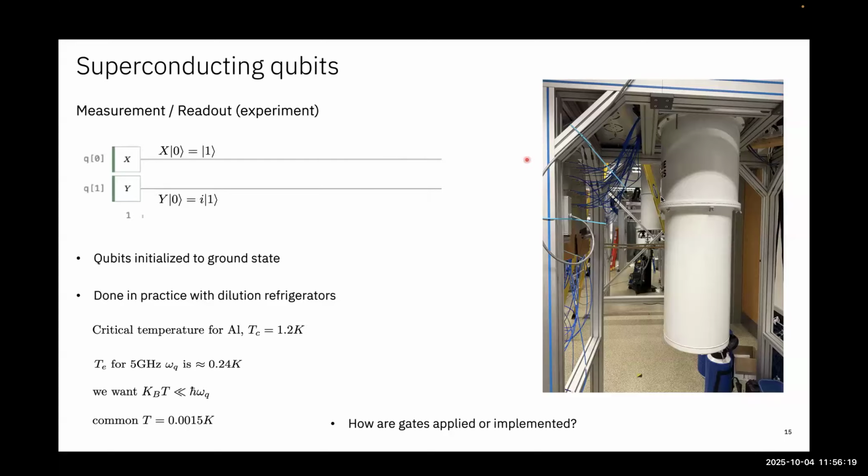That is the reason why you need to cool down to a very low temperature, the minimum temperature you can get to. And we know from quantum mechanics that your minimum temperature gives you the ground state. That means when you cool down your whole system, you are initializing your qubits to be in the ground state.